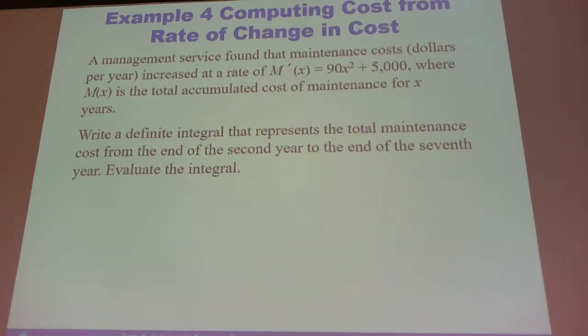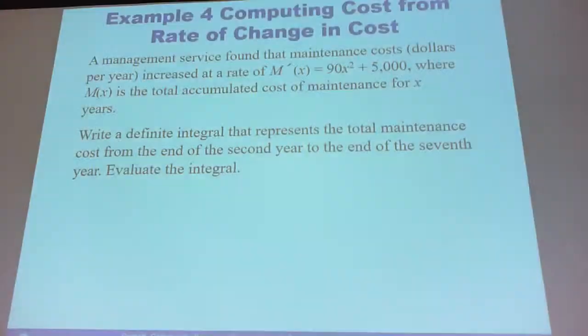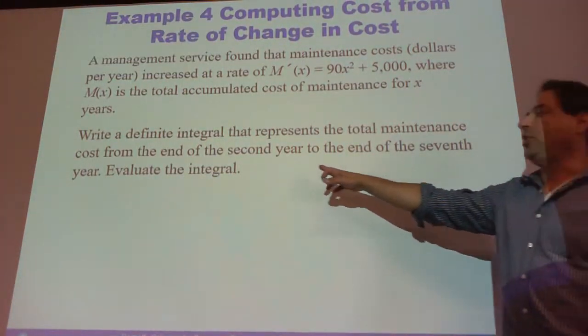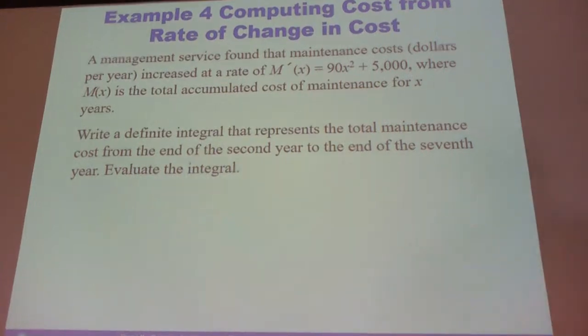And I only want the answer from 2 to 7. Oh, actually, it's 3 to 7. Sorry about that. It's end of the second, so let me not lie to you. End of the second means 3. So 3 to 7.